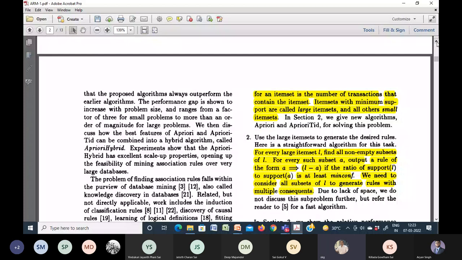Out of that we find all combinations, where say I2 implies I4, I5, I6, I10, or I2, I4 implies I6 and I10, and then we want to find out whether they have the minimum confidence, right?